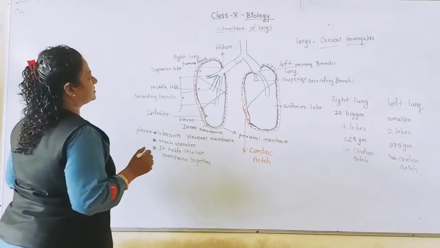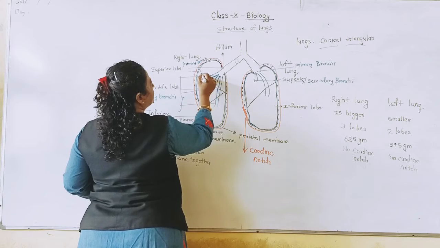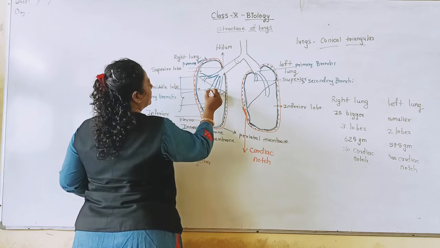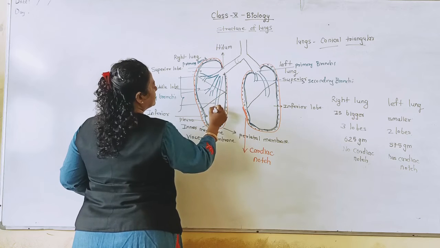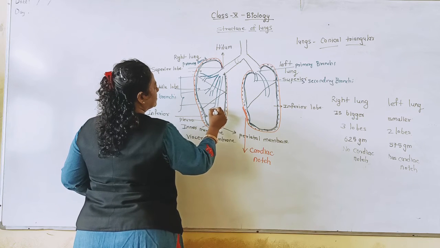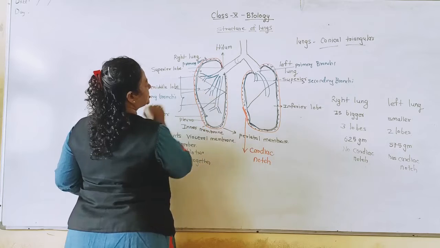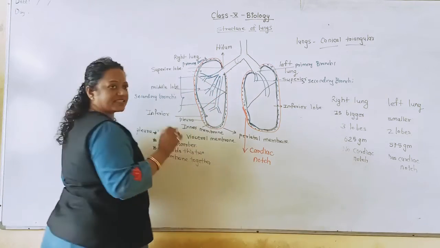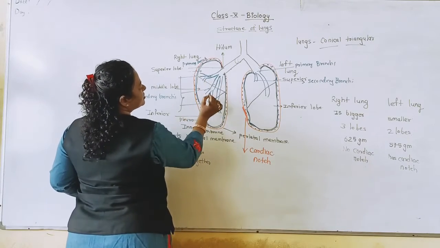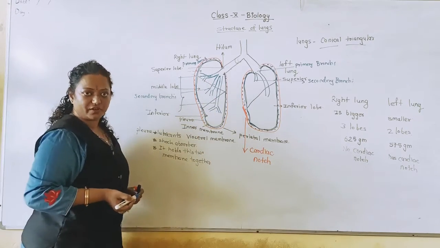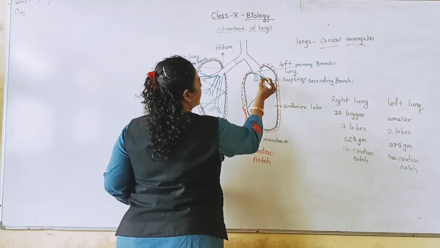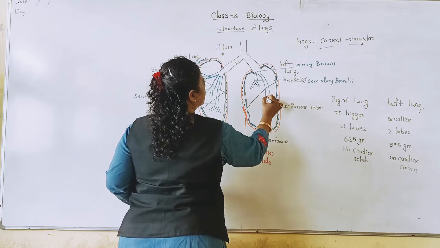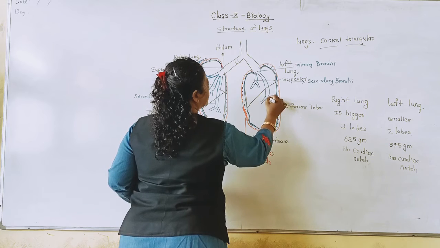Okay, and we can see the tertiary bronchi here. These are what? Tertiary bronchi. This is the primary bronchi, these 1, 2, 3 are secondary bronchi, and these 1, 2 and 3 are tertiary bronchi. Here also, this is secondary bronchi, and it will have tertiary bronchi.